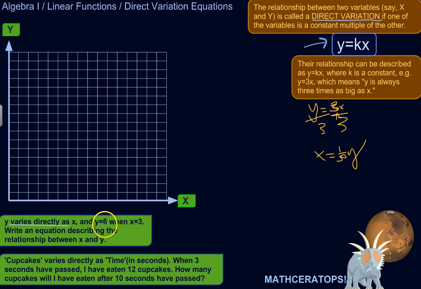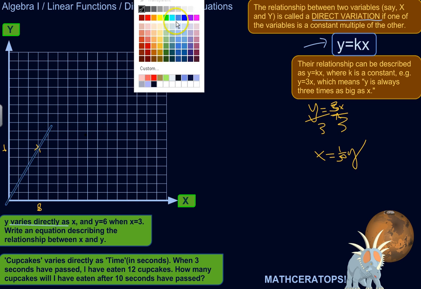Okay, so when x is 3, it tells us 1, 2, 3. Y is 6. 1, 2, 3, 4, 5, 6. So I'm just going to make a little mark there. 3, 6. Okay, all direct variations go through the origin.